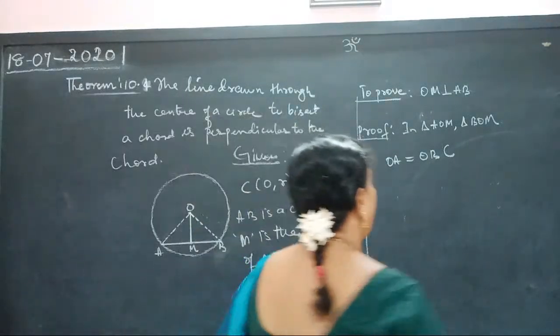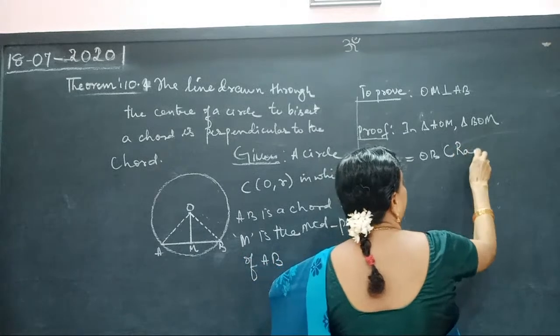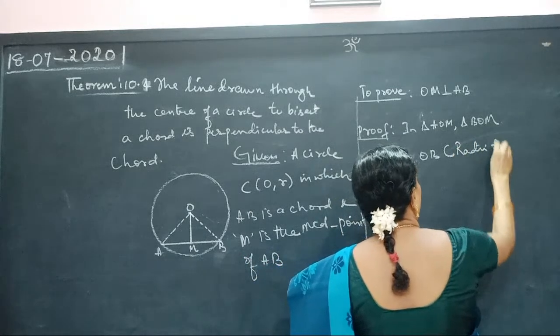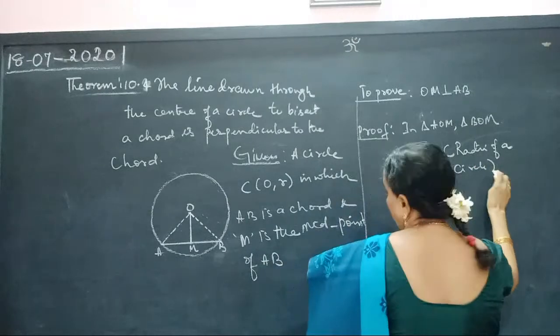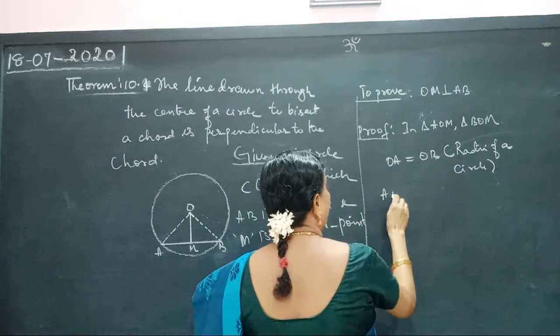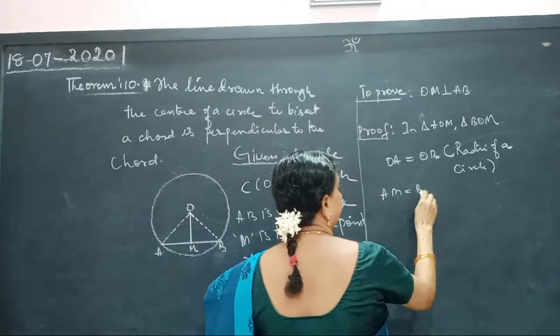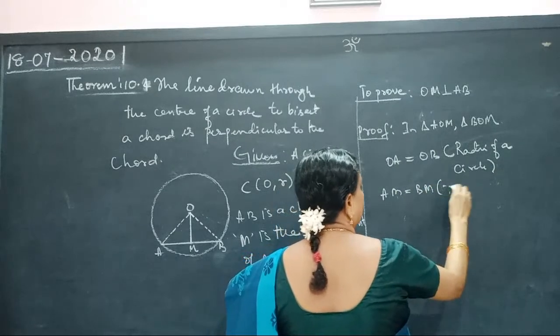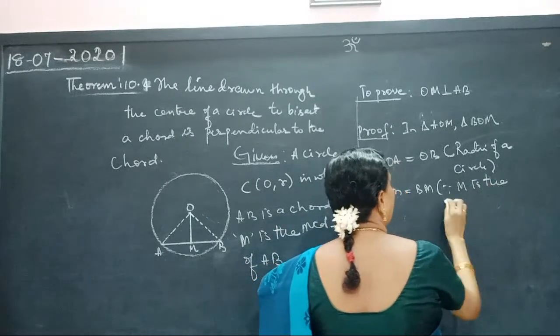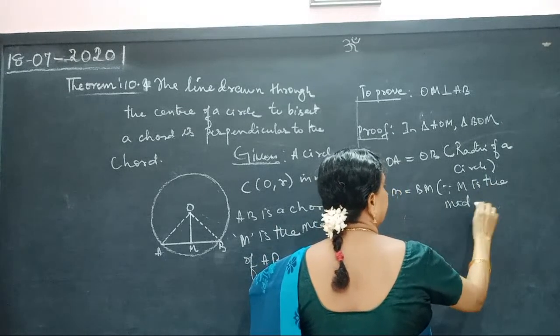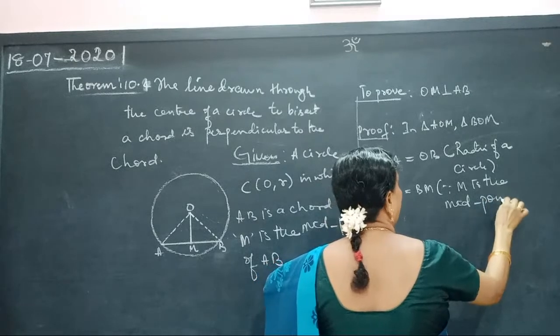Yes, radii of a circle. Good. Radii of a circle. AM equals BM, since M is the midpoint. M is the midpoint.